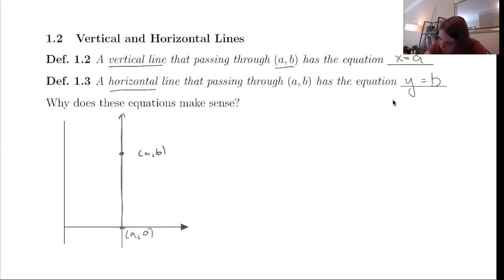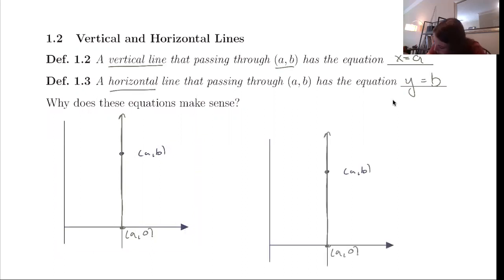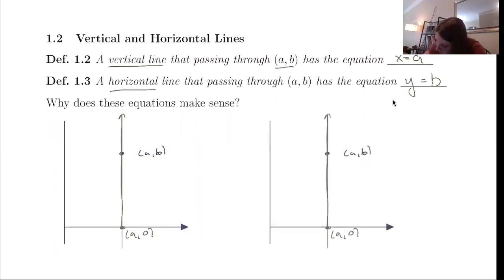And I'm actually going to draw this on a different one so we can talk about each one of them, because I also want to tell you a fun way to remember this. All right, and that's going to be (0, b), that point.